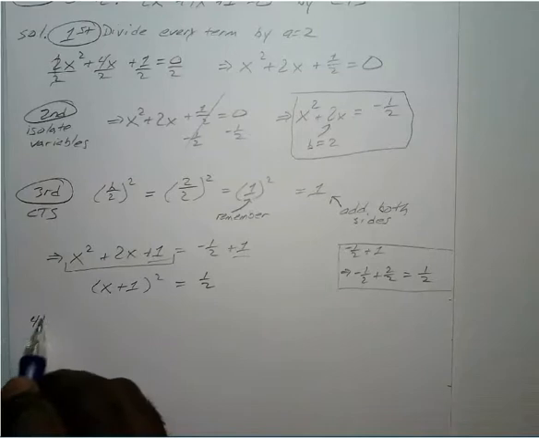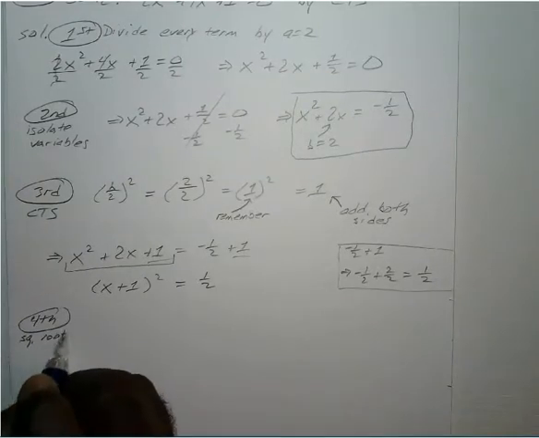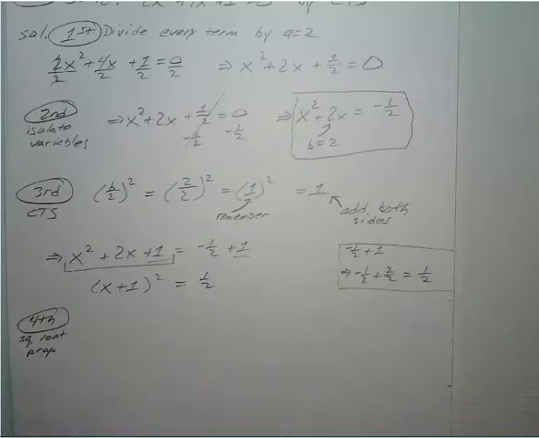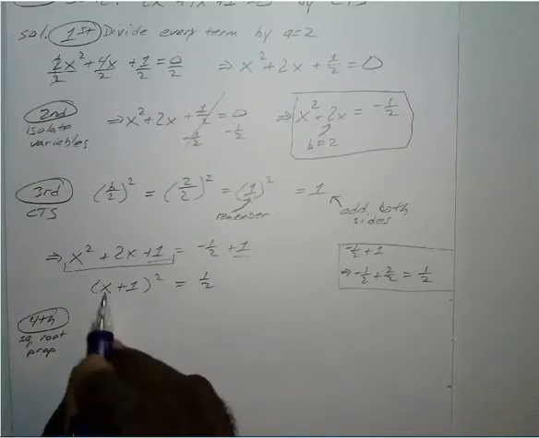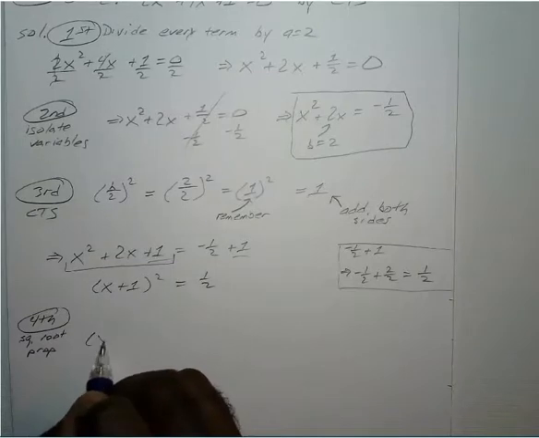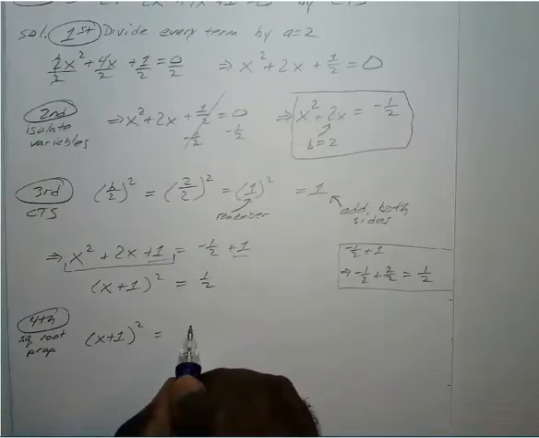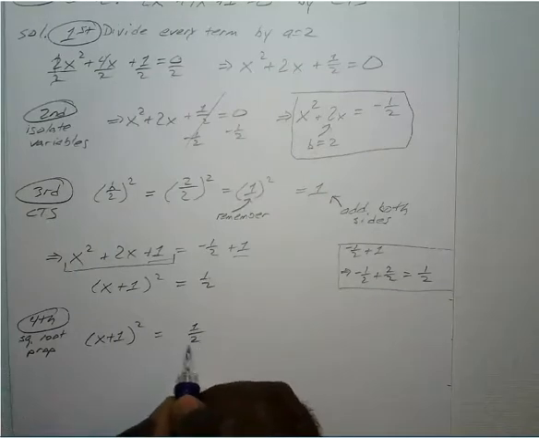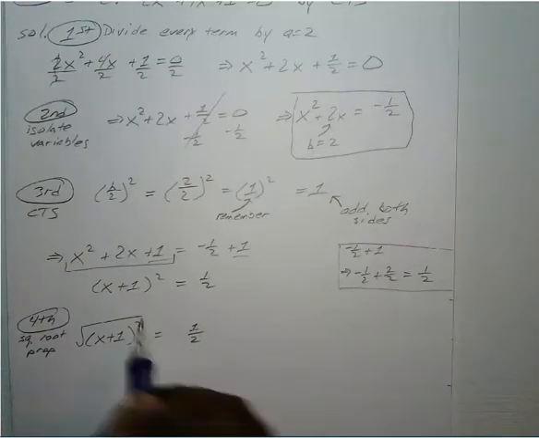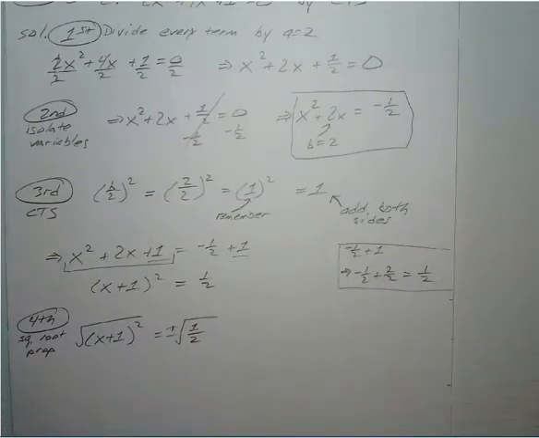Alright, so our fourth step, again, is our square root property. So we square root both sides, and don't forget your plus or minus. So x plus 1 squared equals 1/2. We square root both sides and put our plus or minus there.